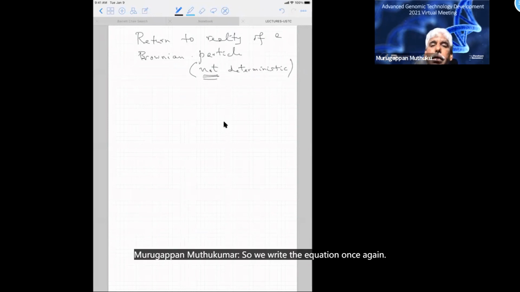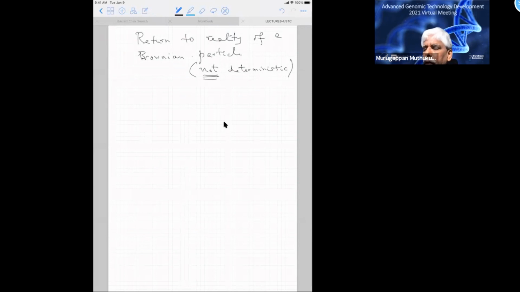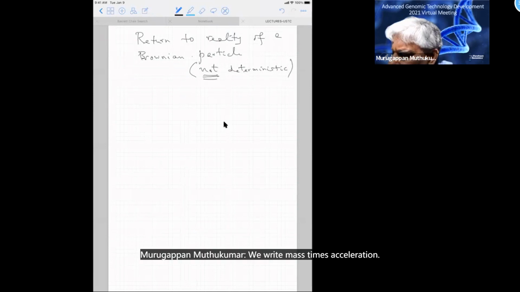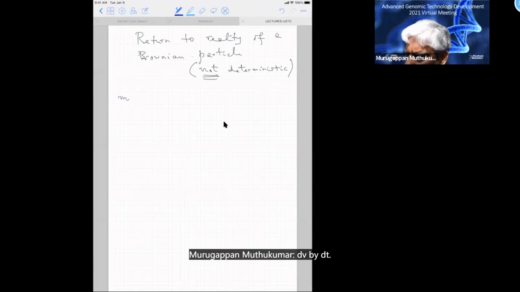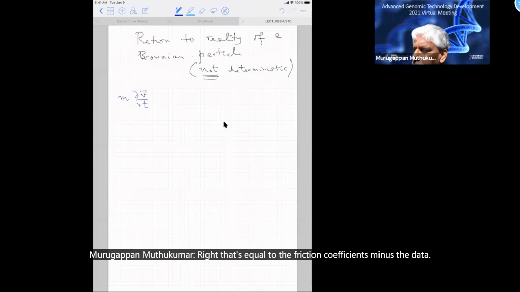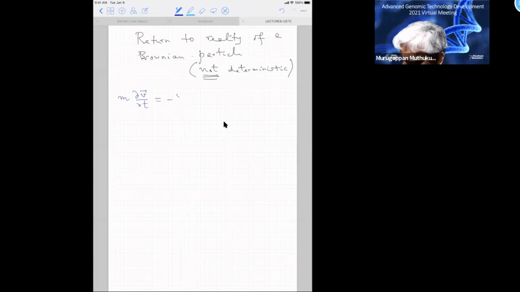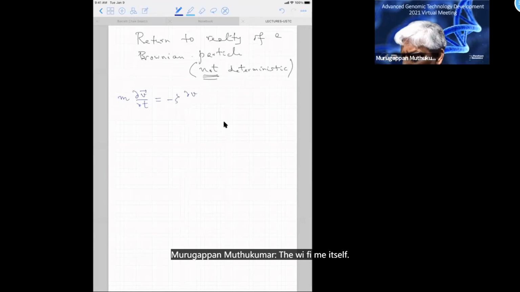So we write the equation once again. We write mass times acceleration, m dv/dt, and there is a friction, which is equal to minus the friction coefficient zeta times v itself.